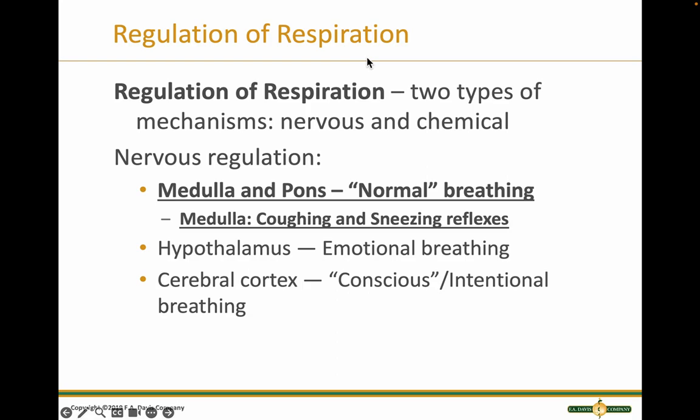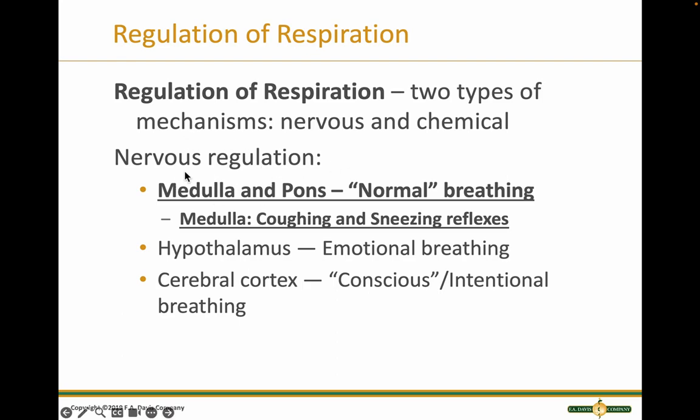All right. So in terms of regulation of our breathing, we were talking about the rate of breathing, and we could also talk about the depth of breathing. Those all change. We can change those either consciously or subconsciously. So we have different ways to regulate that. We have a nervous system, and then there are chemical ways that we can regulate respiration.